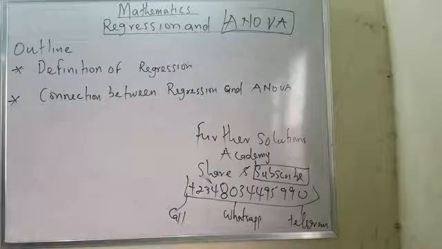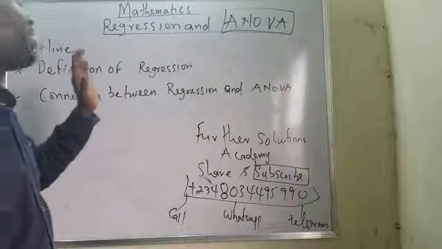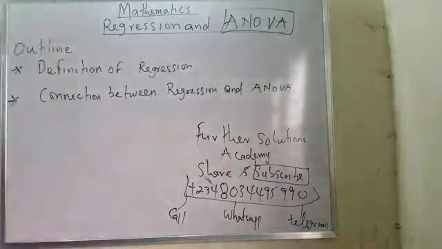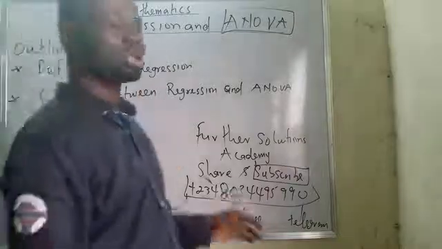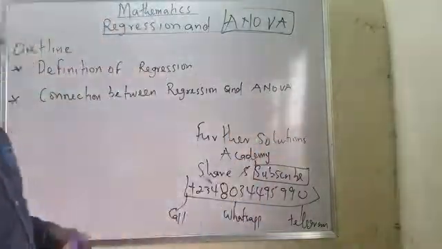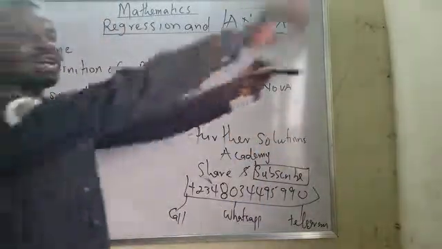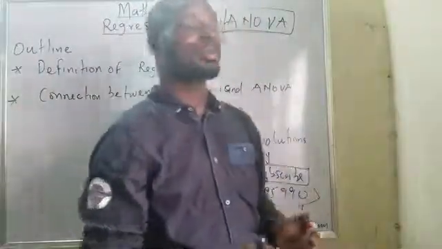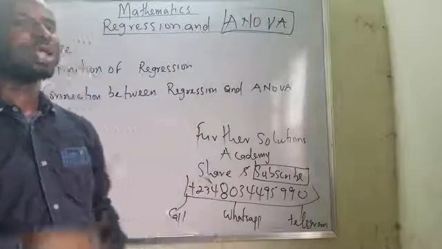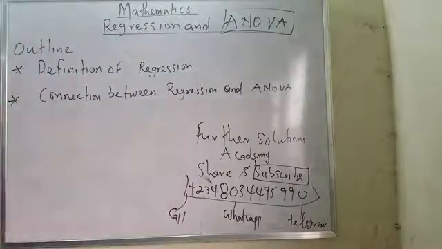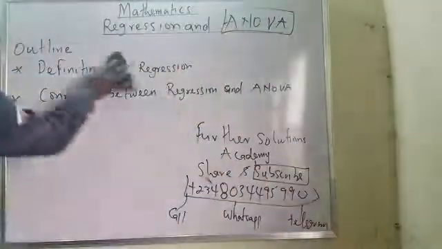The outline of this video: the first one is the definition of regression, which I don't have much to say there, and number two is the connection between regression and ANOVA. ANOVA is what you use when you have more than two variables.